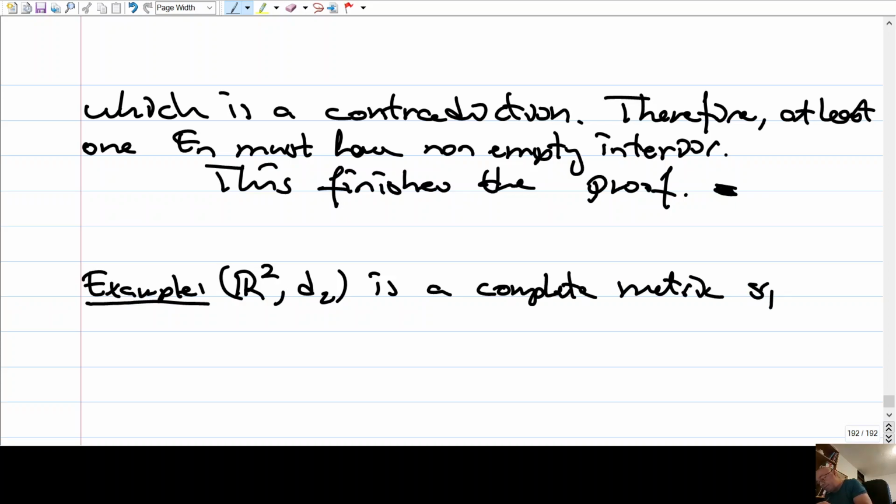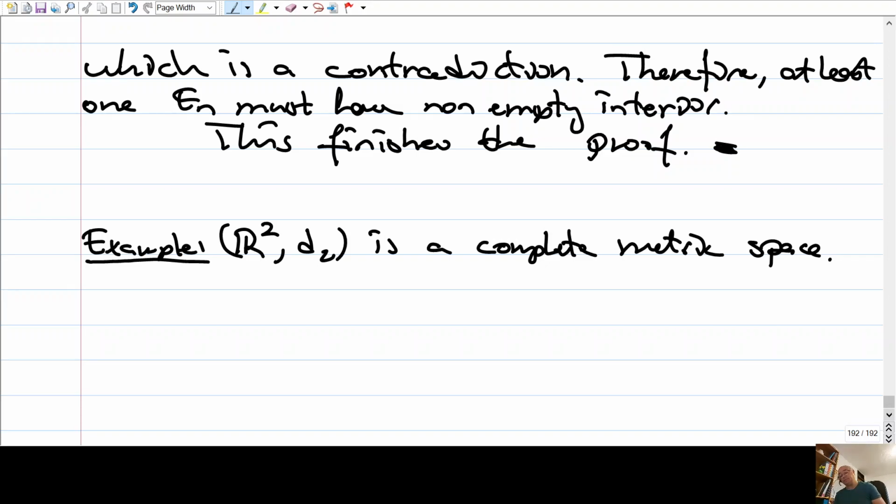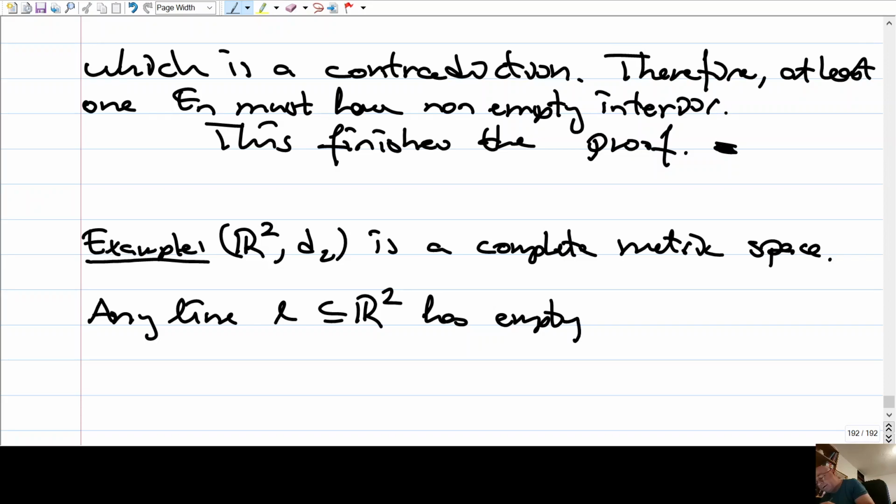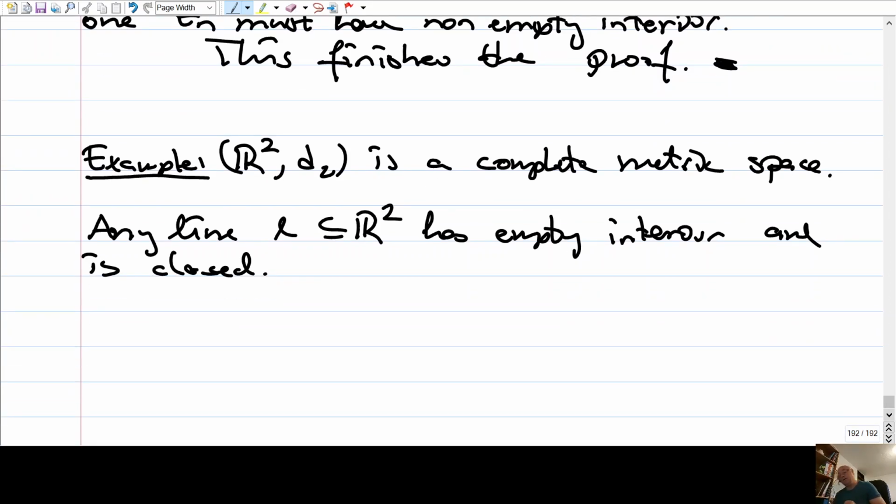Any line L in R2 has empty interior and is a closed subset.